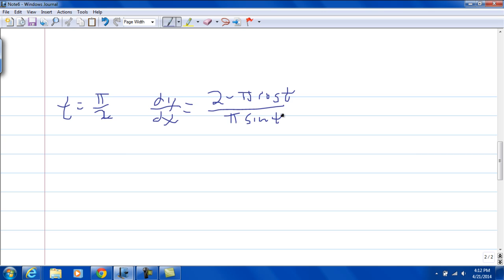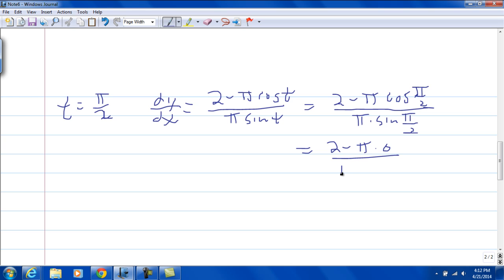So if we plug in the pi over 2, we're going to have 2 minus pi cosine of pi over 2 over pi times sine of pi over 2. That's going to be 2 minus pi times, well, cosine of pi over 2 is 0, over pi times sine of pi over 2 is 1. So that's just going to be 2 over pi.